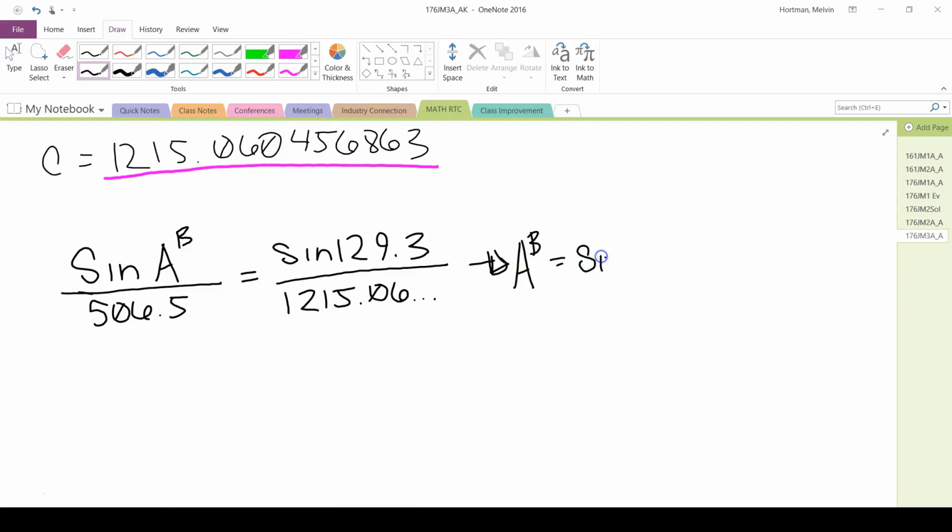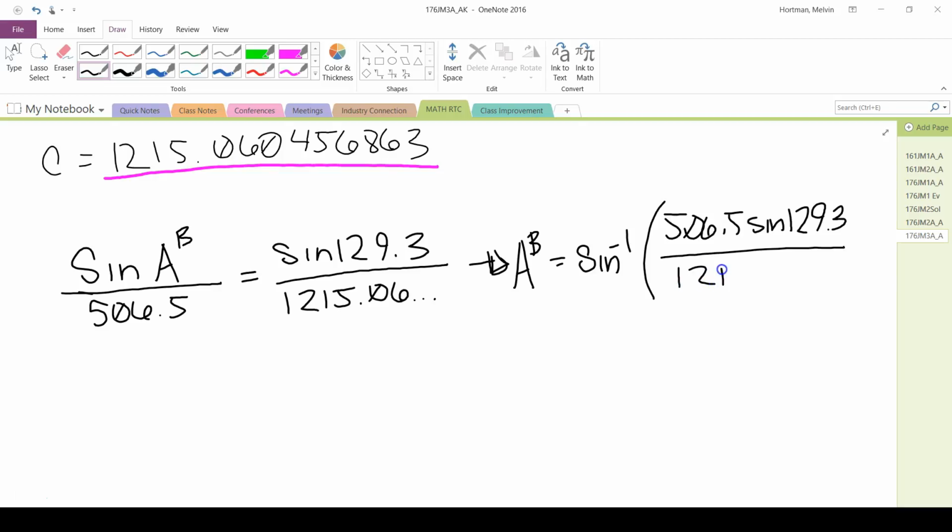A equals the inverse sine of 506.5 times sine of 129.3 over 1215.06.